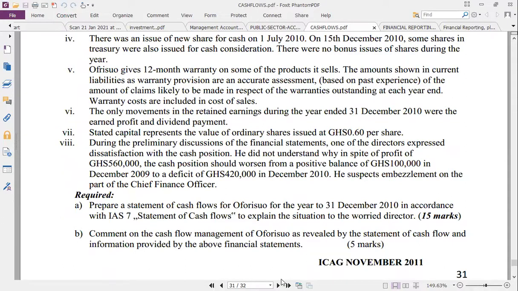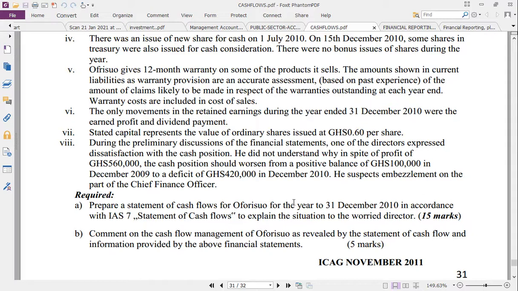Prepare a statement of cash flows for the company for the year to December 2010. That is IAS 7, statement of cash flows, to explain the situation to the worried director.